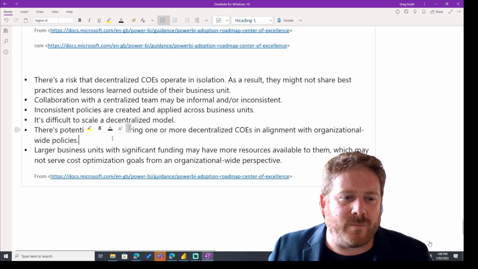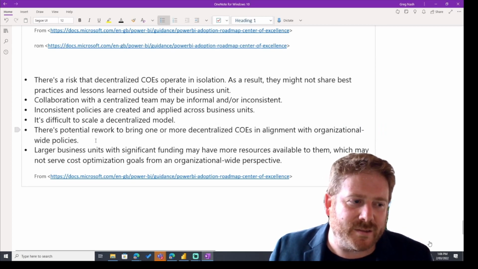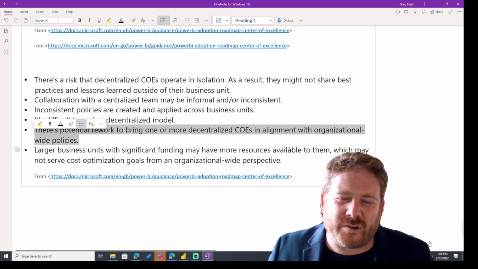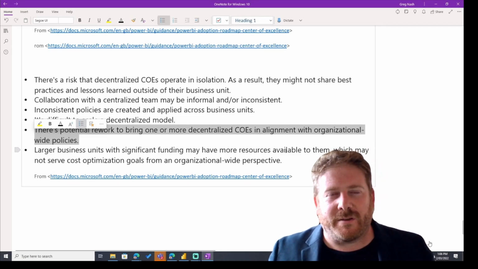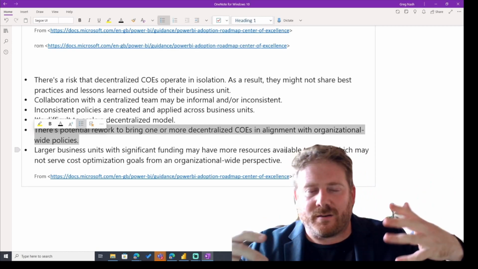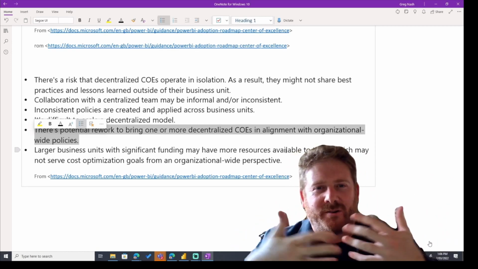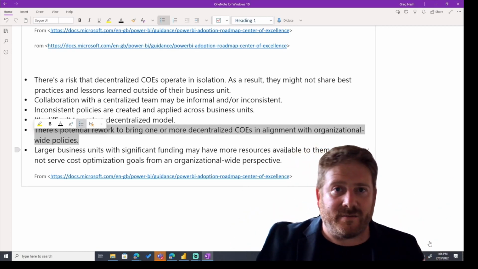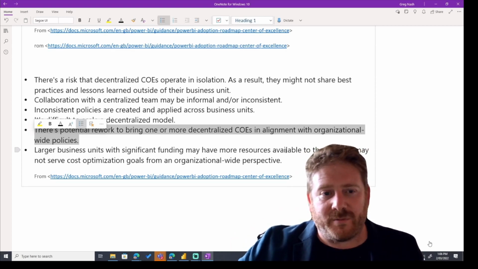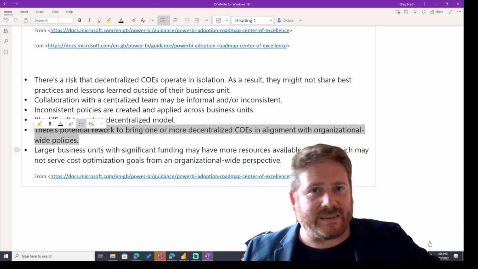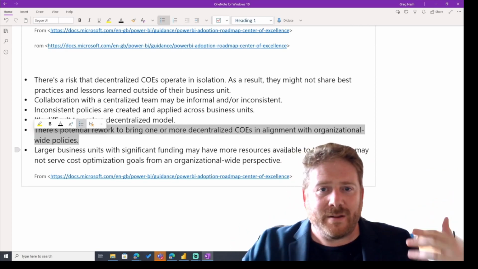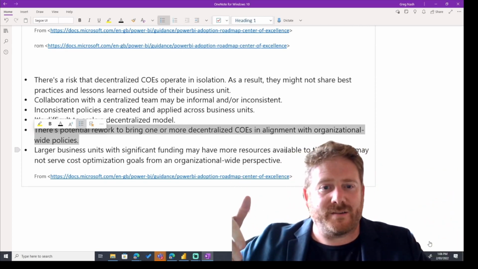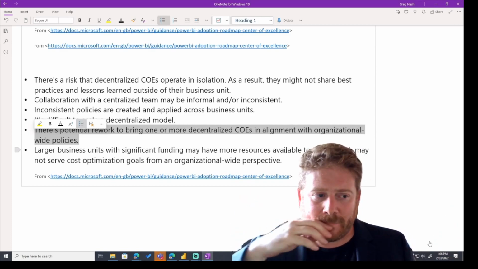Potential rework to bring one or more decentralized COEs in alignment with organizational-wide policies. That's an interesting one, especially if you've got centralized, so we'll talk about it in content ownership, but you've got these blended approaches, right? You've got all IT do and own everything, or BI do and own everything, and then you've got the business does everything that they want to do. That's bottom up and top down, or corporate BI versus self-service BI, right?